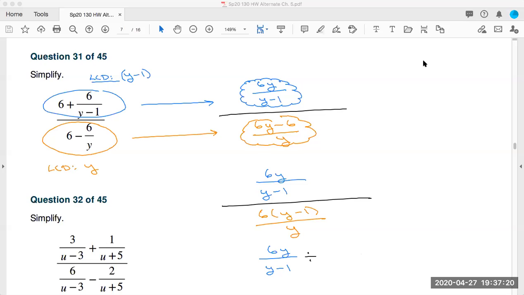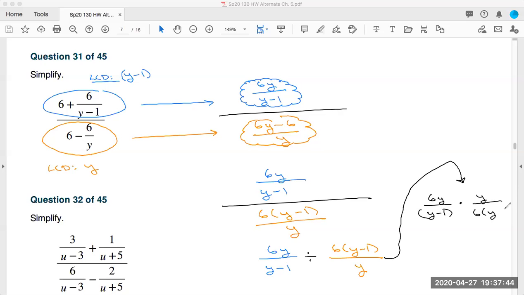So that's 6y over y minus 1 as a factor times y over 6 times y minus 1 as a factor. 6 cancels with 6.